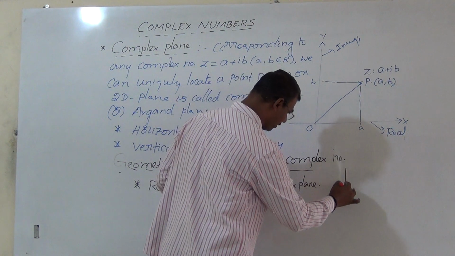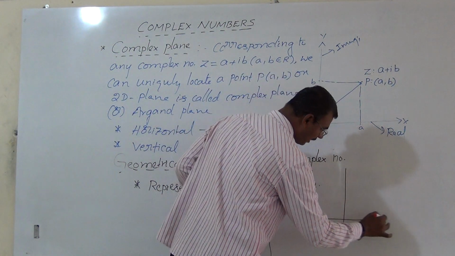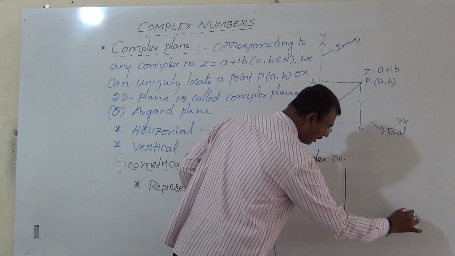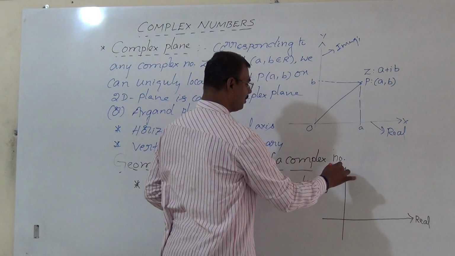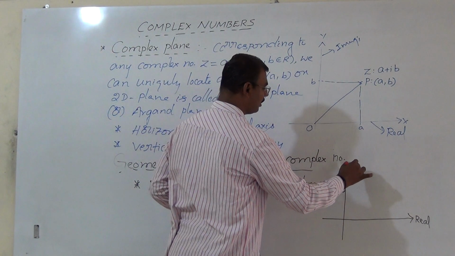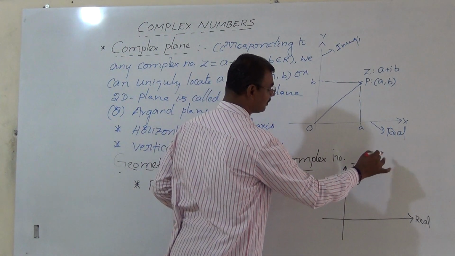Take the complex plane. This is called the real axis, and this is the imaginary axis.